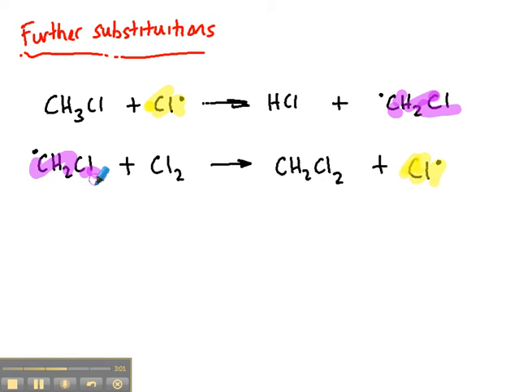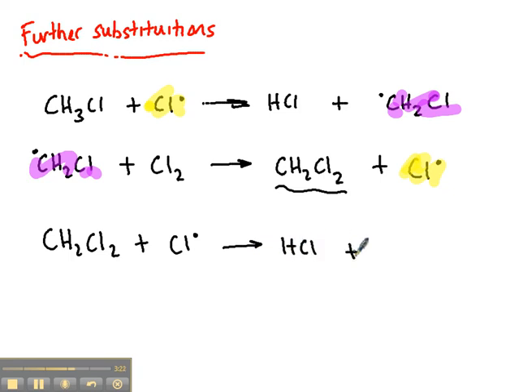And what we could do in theory is have further substitutions again. We could have this molecule that has been generated react with a chlorine free radical again, and you would generate hydrogen chloride in this instance plus, sorry, a CHCl2 free radical, and then that can take further part in substitution again, if we write it out, Cl2.